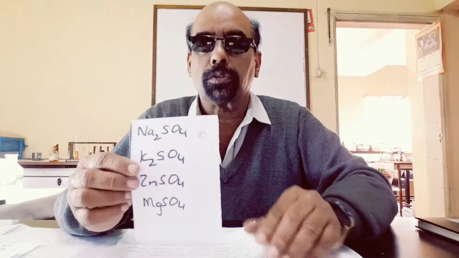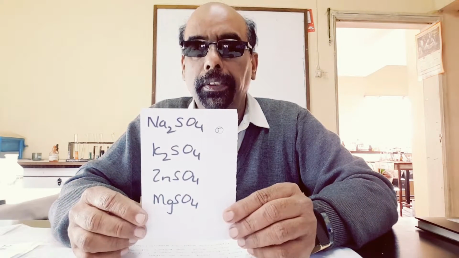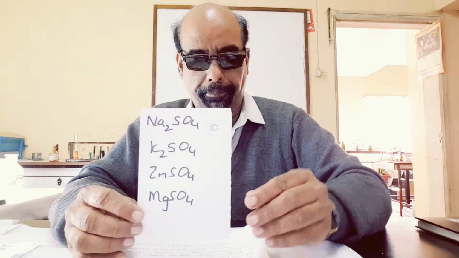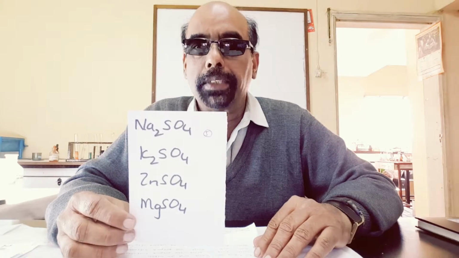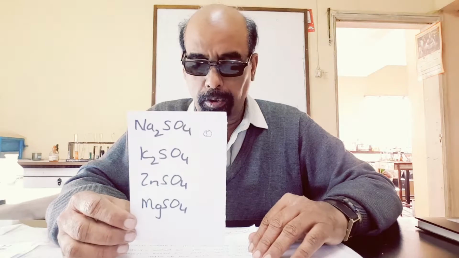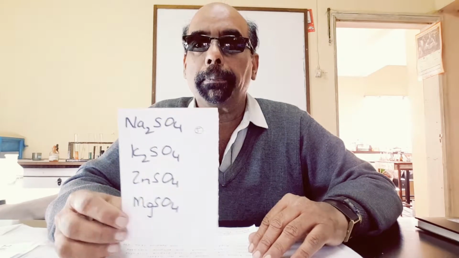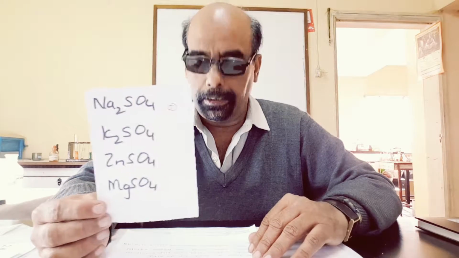Some examples of salts are sodium sulfate, potassium sulfate, zinc sulfate, magnesium sulfate. If we have to obtain a salt, we need to have an acid and an alkali. With sulfuric acid, we prepare sulfates. So these have been prepared from sulfuric acid.